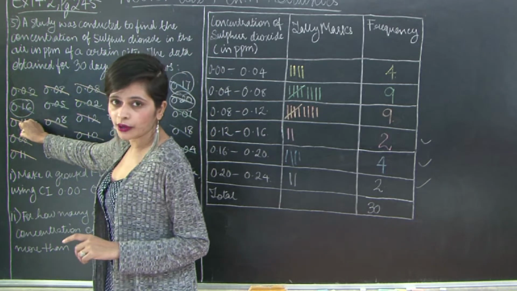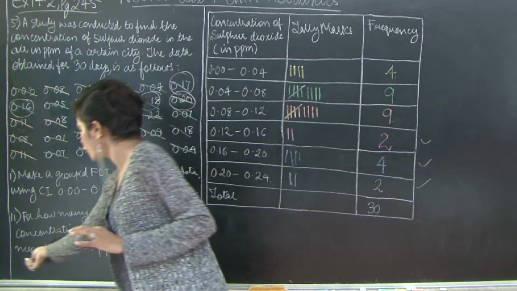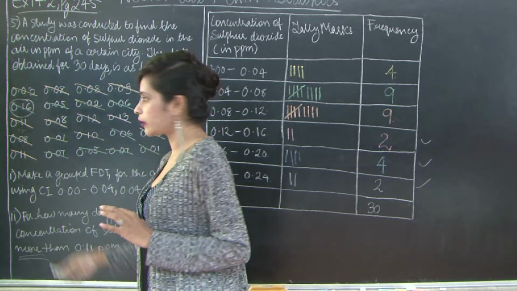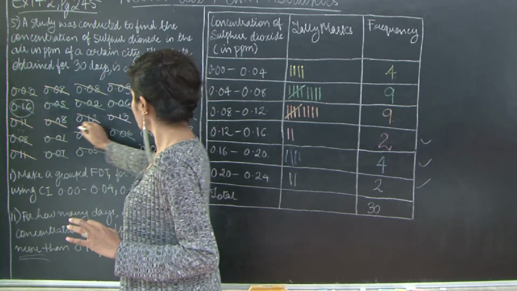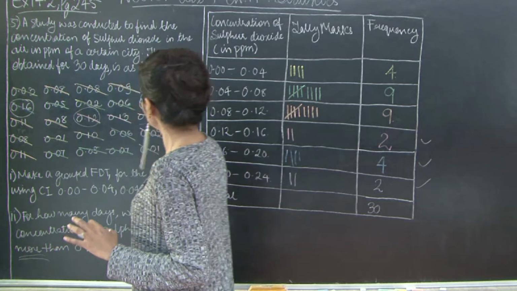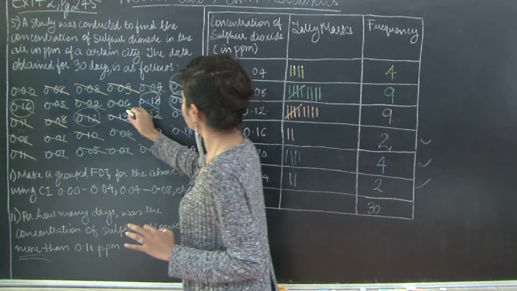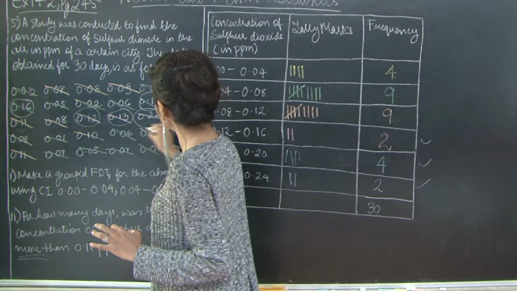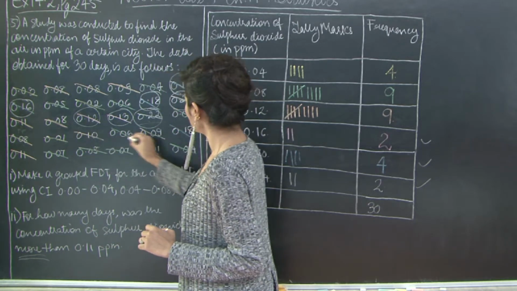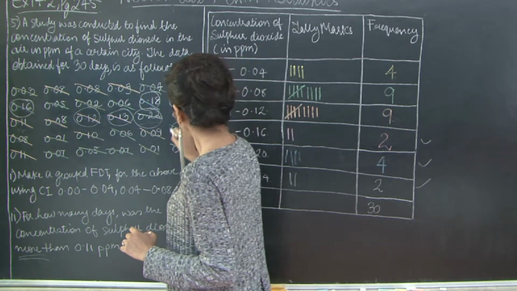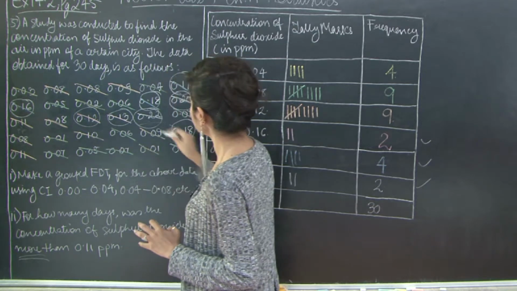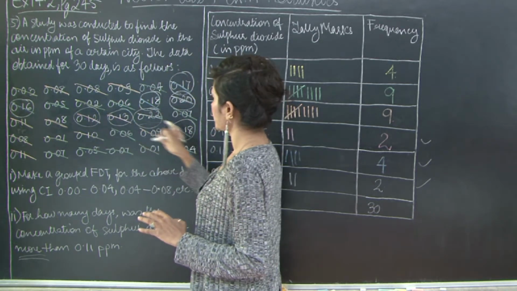We won't take 0.11 because we need values more than 0.11. So this is not considered. Proceeding. 1, 2, 3, 4, 5, then 6 and 7 and 8. Anything else that we're missing out? Let's check. No, I don't think so.